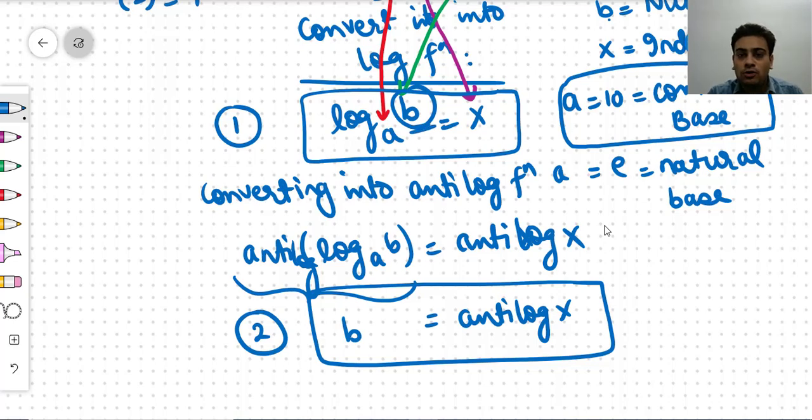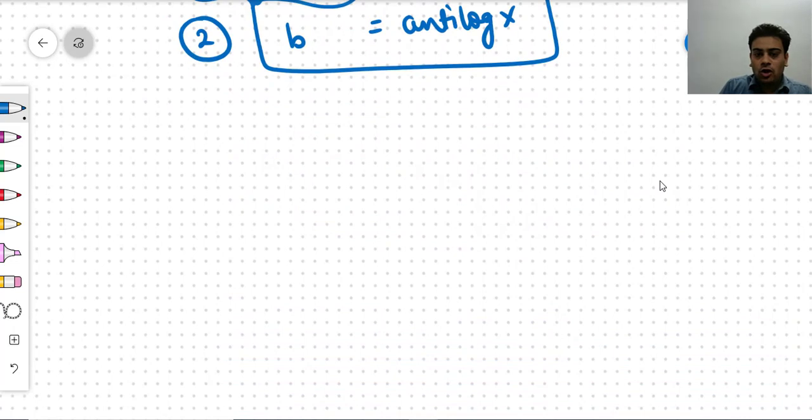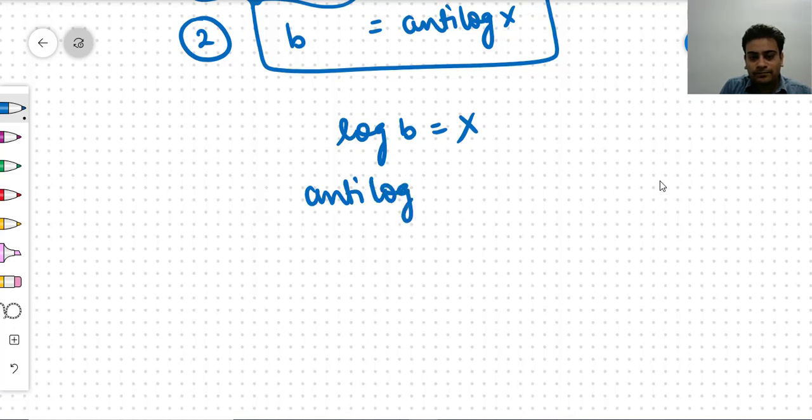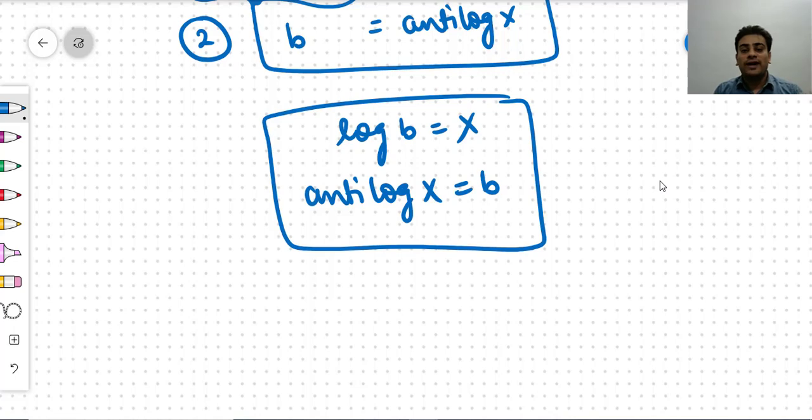I will not talk about the base, because the base in the tables is equal to 10. So log of b is equal to x, and anti-log of x is equal to b. These two things you need to remember for finding the log and anti-log values from the table.